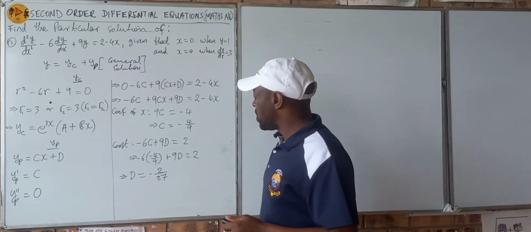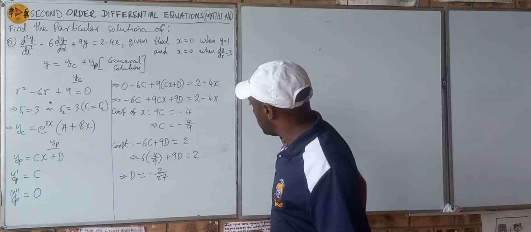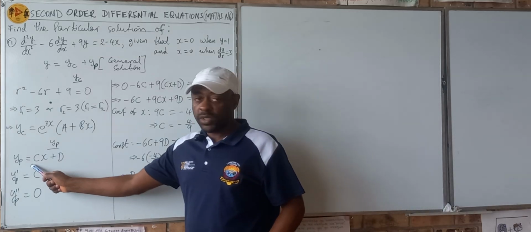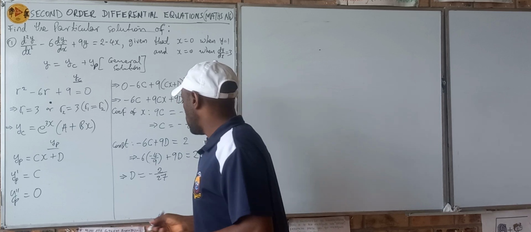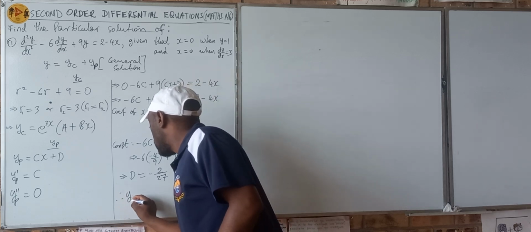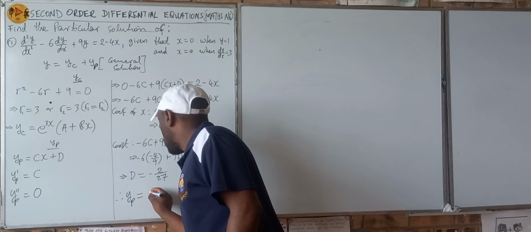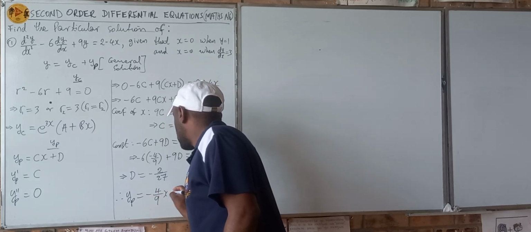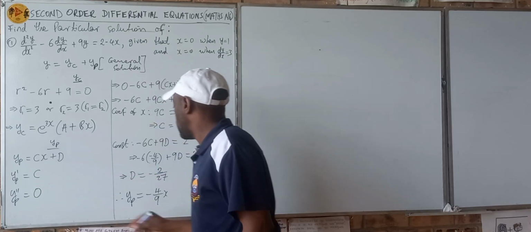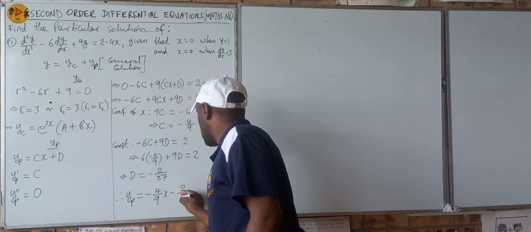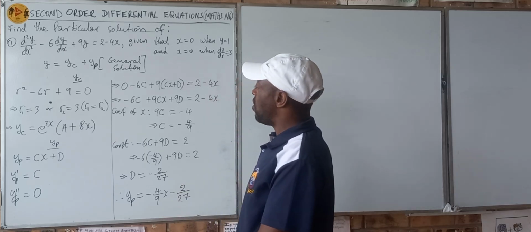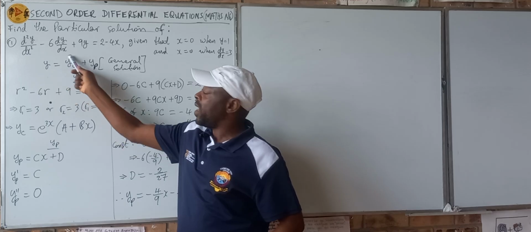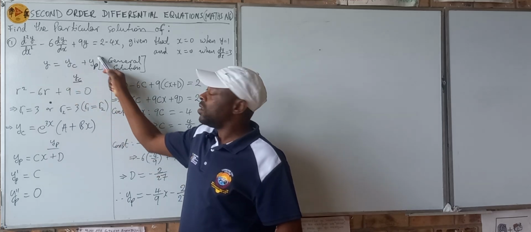Now that I'm done with c and d, I can now transfer them into their position. So therefore, my particular integral yp is equal to negative 4 over 9x, because it's going there, minus 2 on 27. So so far, you realize that we have succeeded to get yc and we have succeeded to get yp.